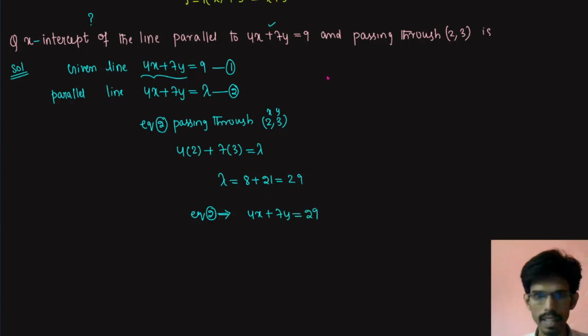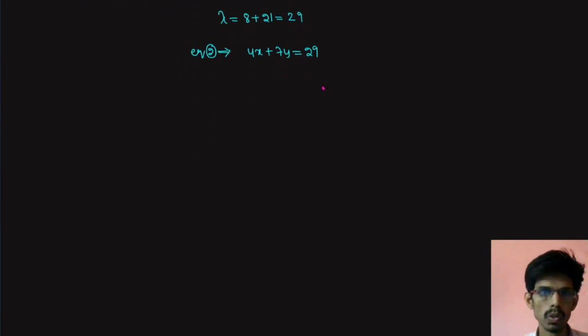He is asking for the x intercept. X intercept means the y value will be 0. So if I put y equal to 0 here, this will be 4x is equal to 29.